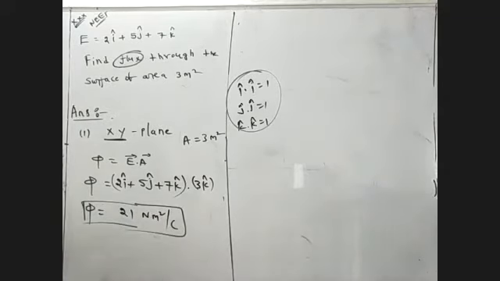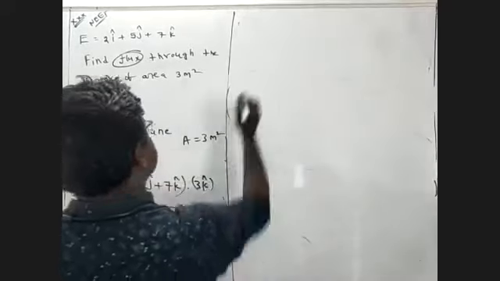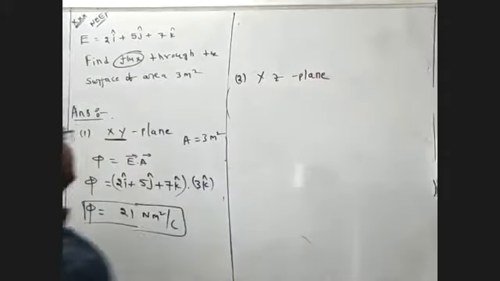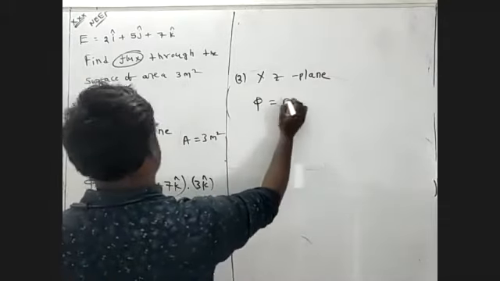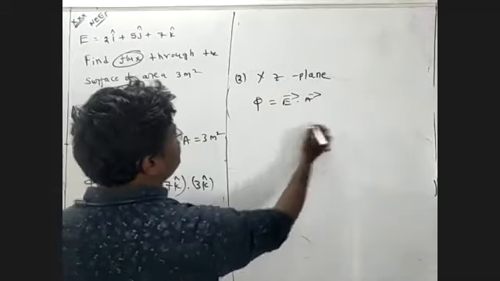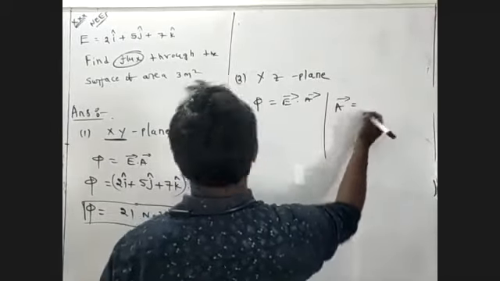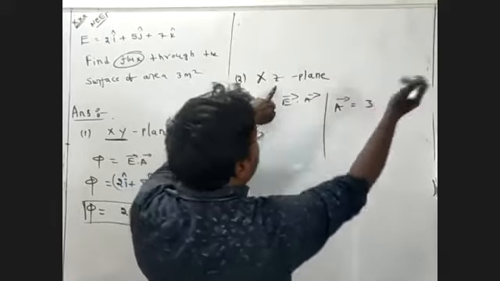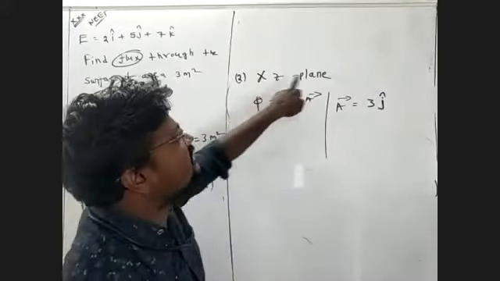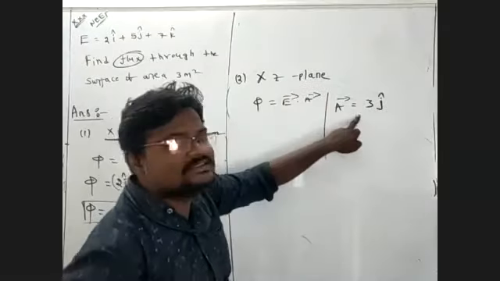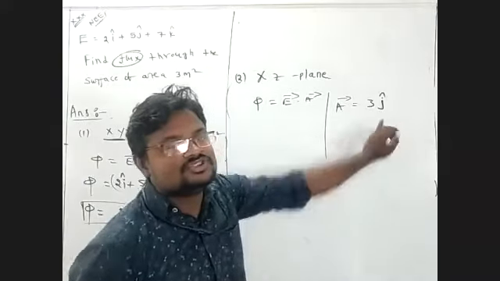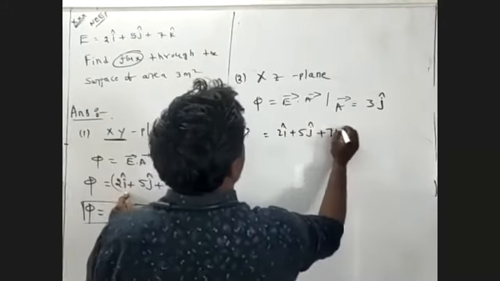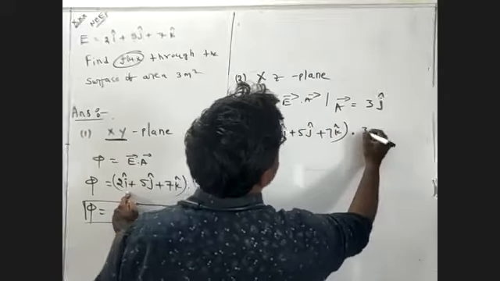Now the second one is the XZ plane. In the XZ plane, the remaining axis is Y, so the area is present along J cap. E bar is 2 I plus 5 J plus 7 K, dot A bar, which is 3 J cap.